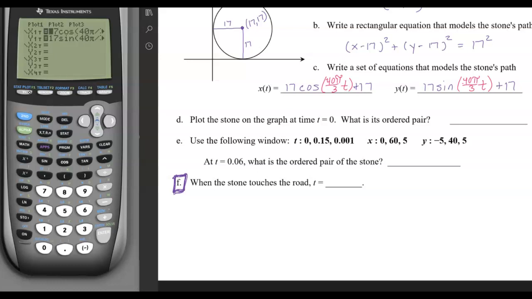Someone else was saying that your school laptops actually let you do that. If you are able to do that onto your Chromebooks, let me know. Because Desmos does fail to help you solve for part F. It does everything else just fine, except for when you're trying to find a specific t. It's impossible to do in Desmos. I don't know why.